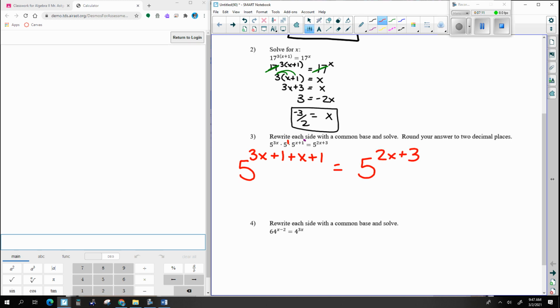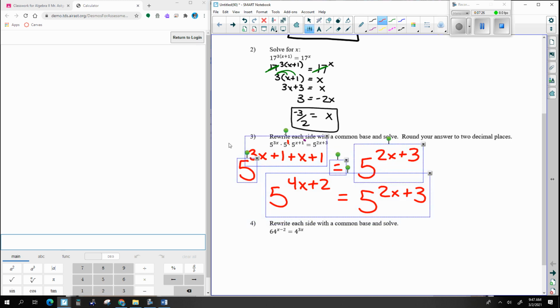So this is 5, the x's, there's 4 x's, and the numbers add to 2. So that is now what the actual problem is. Here's the actual problem now.